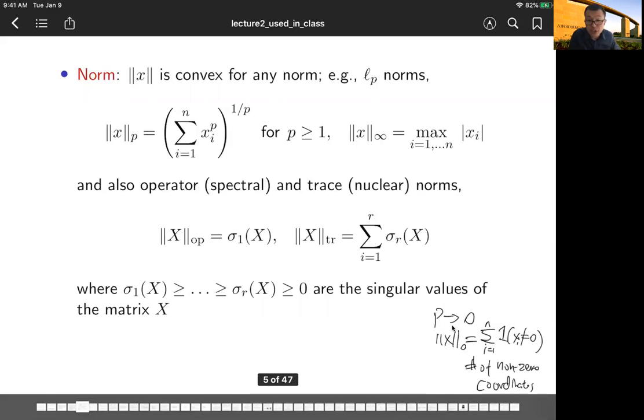There's a question: I've seen p norms defined for matrices, are those also convex? The answer is yes. Any norm is also a convex function of its argument. The L0 norm is not a norm, so we call it a pseudo norm, because it doesn't satisfy the triangle inequality. For any function that satisfies the axioms of norms, it is a convex function of its argument, which in this case is a matrix.